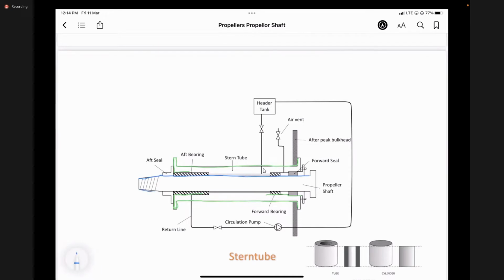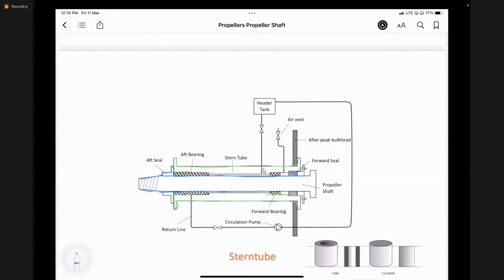We pass the shaft through it, and then we add a gasket kind of thing. This is a gasket seal kind of thing. Now this is sealed here, and on the forward side also we have sealed it.